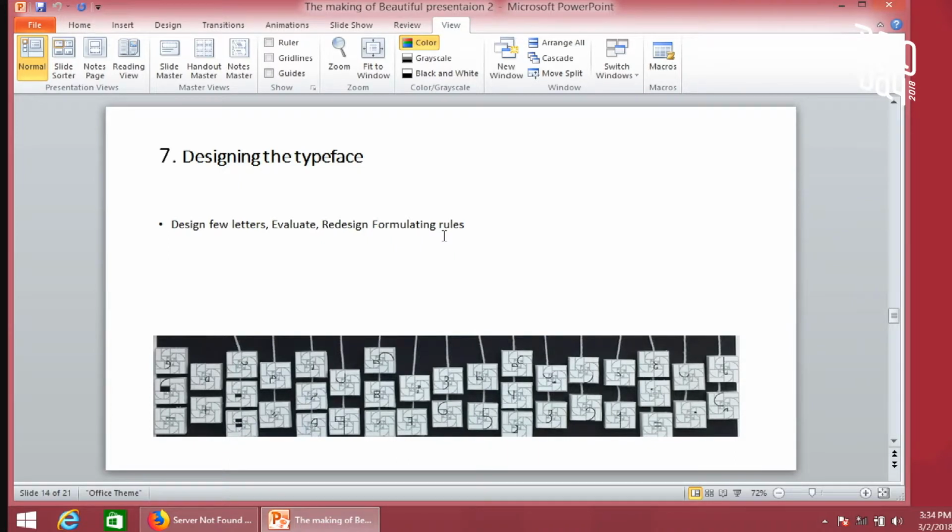The final stage of this method is to design the letters according to that grid. After designing the letters, they have to evaluate and redesign.